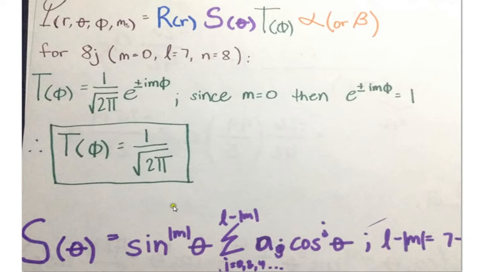The next thing we'll be solving is the longest one, which is the S. Since S varies depending on the value of m, and for 8j we have, I think, 15 of this, including 0.